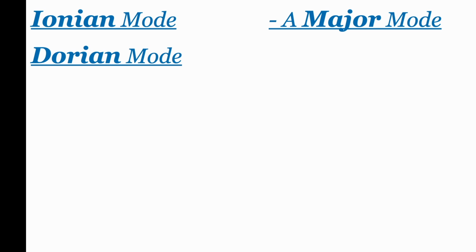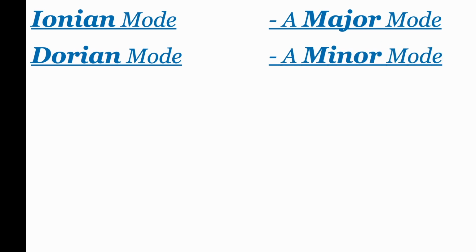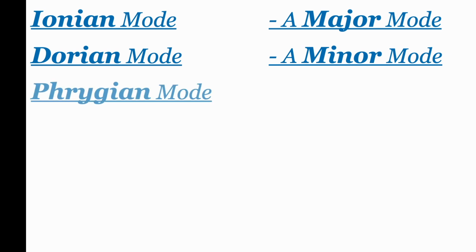Next, we have the Dorian mode. Now, that's obnoxious. You don't know the first thing about the Dorian mode other than it has kind of a funky name. Well, I can also tell you that the Dorian mode is a minor mode. So now you know that whatever the third note is, there are 3 frets from the first to the third because it's a minor mode.